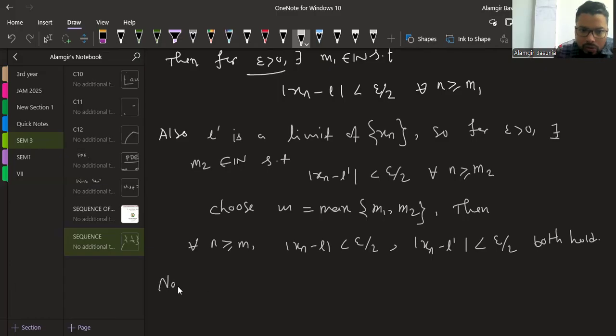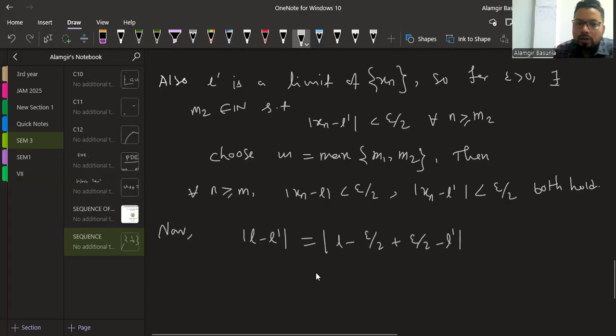So now L minus L prime, if we calculate this one, we can write L minus xn plus xn minus L prime. We can add and subtract xn here.